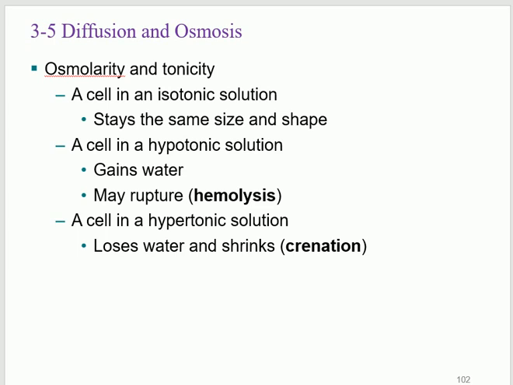So now we have osmotic pressure in the red blood cells and osmotic pressure outside of the red blood cells. What if the osmotic pressure inside and outside is the same? What do you call it? Isotonic. So if I put this red blood cell inside a solution that has the same osmotic pressure or the same osmolarity, you put it in an isotonic solution.